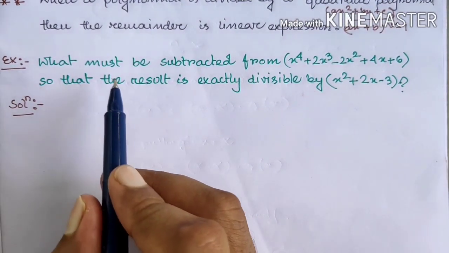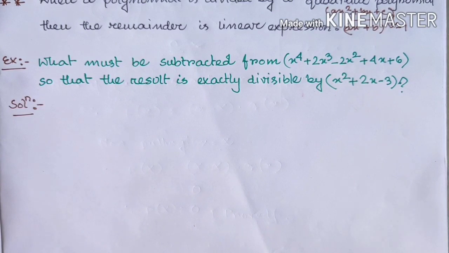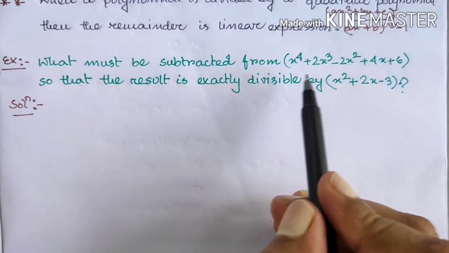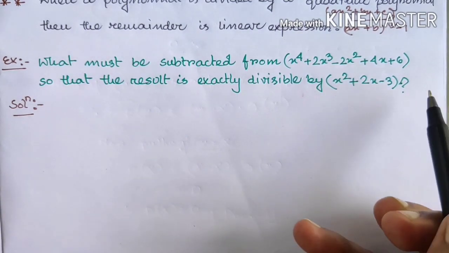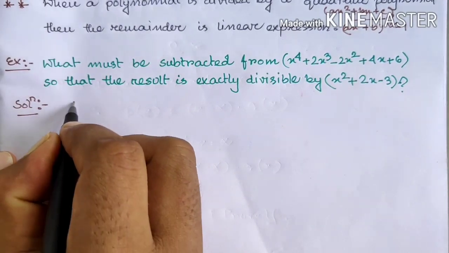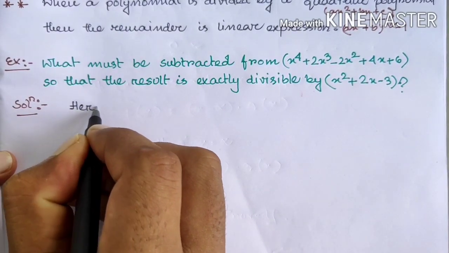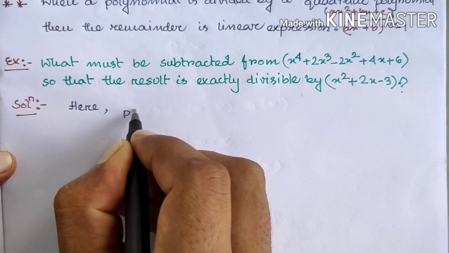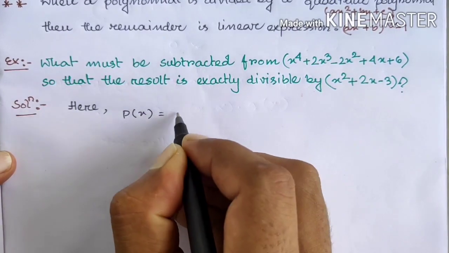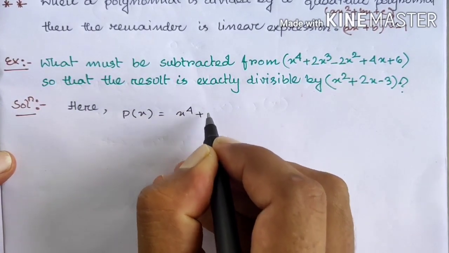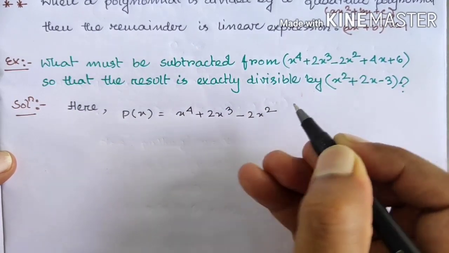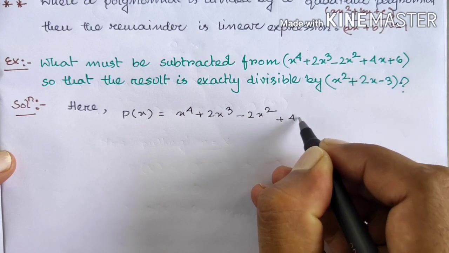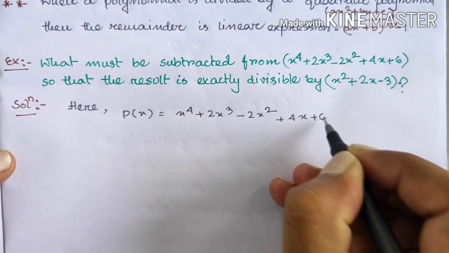Next, what must be subtracted from x to the power 4 plus 2x cube minus 2x square plus 4x plus c, so that the result is exactly divisible by x square plus 2x minus 3. Since here the given polynomial is divided by a quadratic polynomial, there must be a linear expression subtracted.